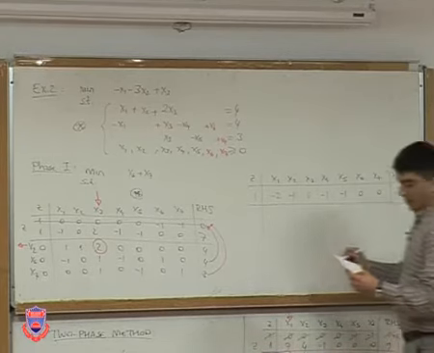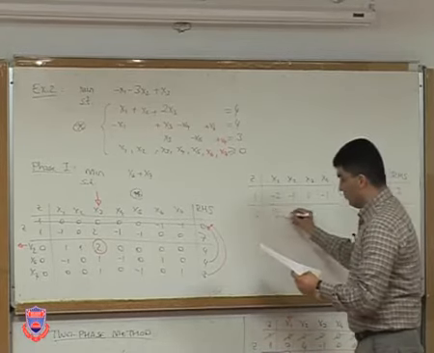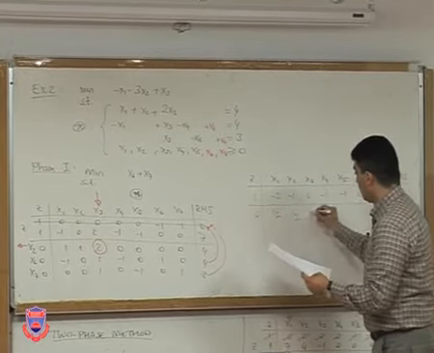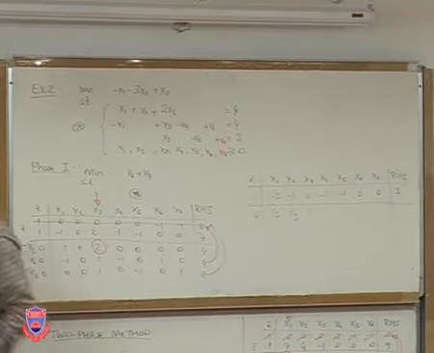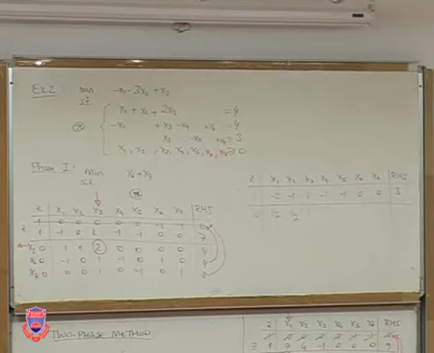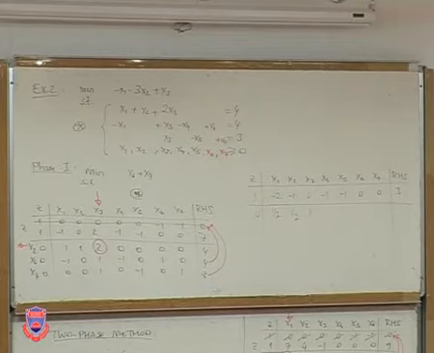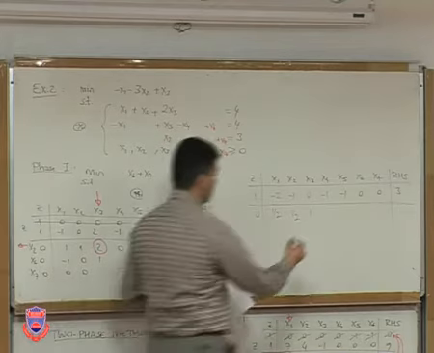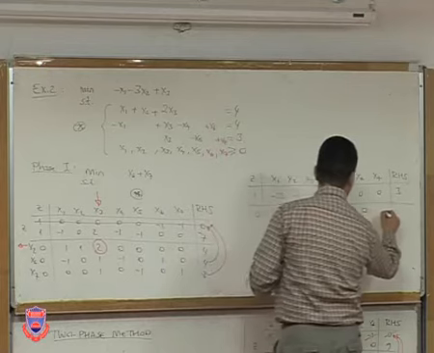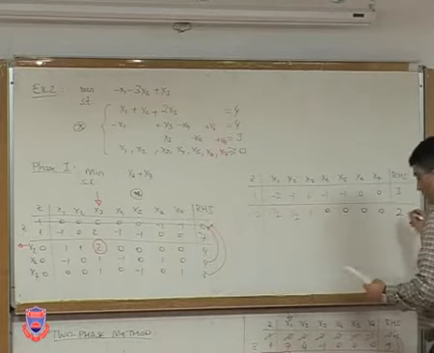Okay? Then I have 0, 1 over 2, 1 over 2, 1. Then I have 4 zeros. And the right-hand side value is 2.